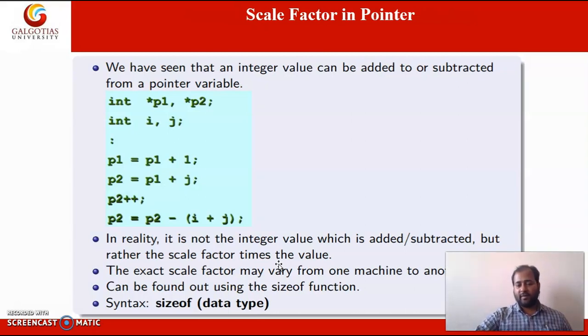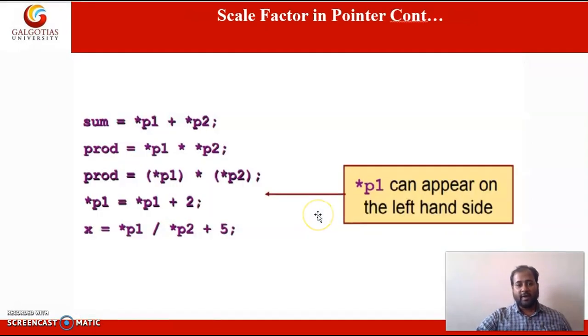The exact scale factor may vary from one machine to another, and can be found using the sizeof operator. We have different data types, and each holds data of different size.